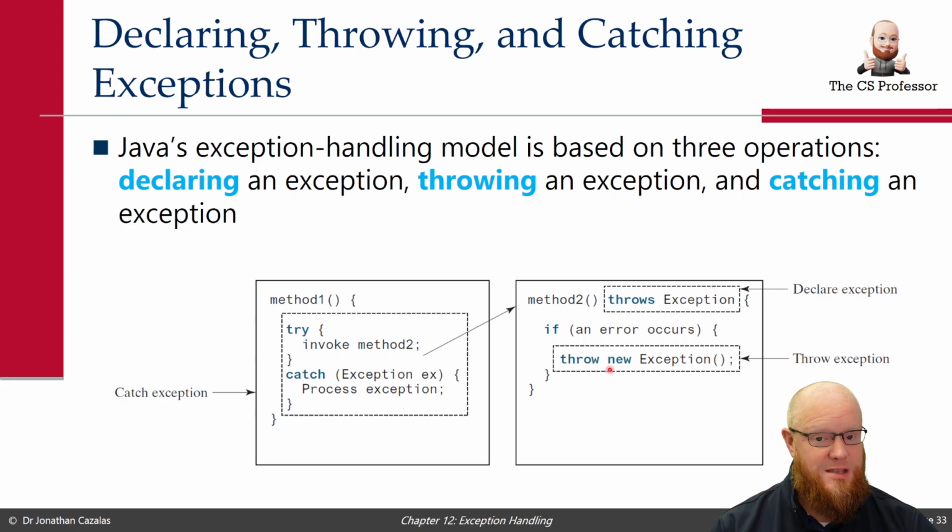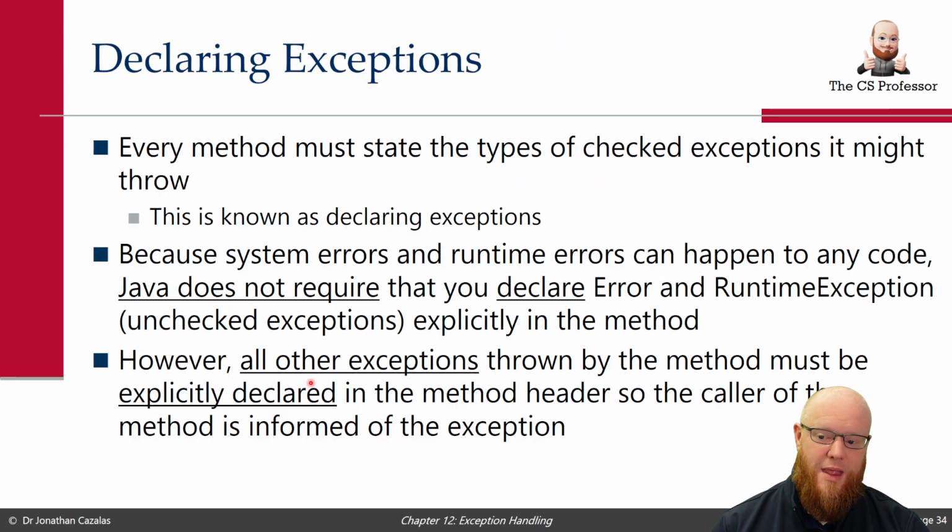We're creating that exception object, and we're throwing it back. But as part of this method signature, we're also declaring that heads up, this method may in fact result in an exception. So whoever calls this method, you have to be prepared to deal with that exception. And then here we throw the exception, and then finally we catch it back in method 1.